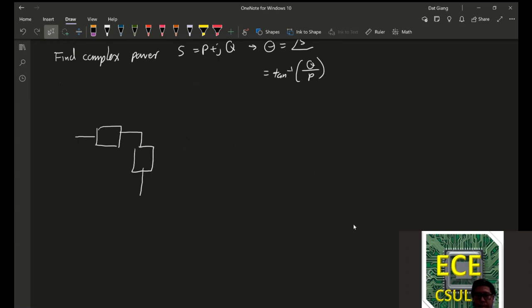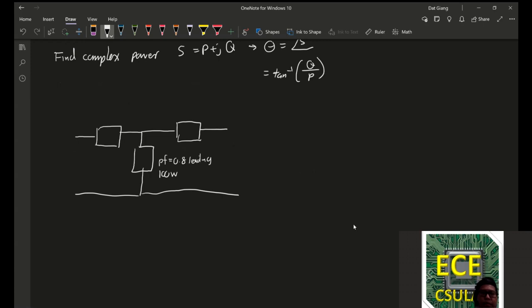It doesn't matter what kind of system you're given. When you're evaluating power, you sum up all the real power, you sum up all the reactive power, and that'll be okay. So let's say we're given the system. I tell you that power factor here is maybe 0.8 leading, and then maybe I tell you it's 100 watts.